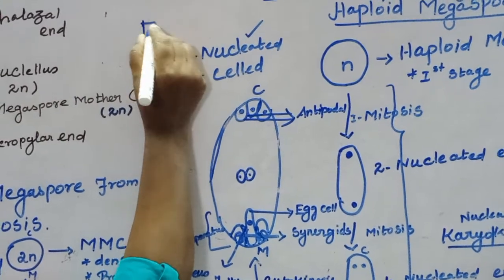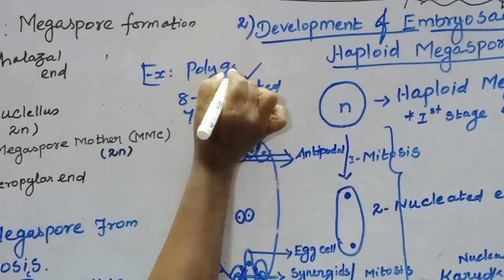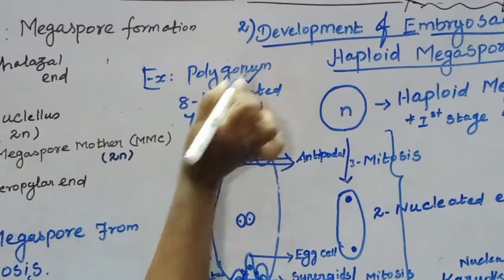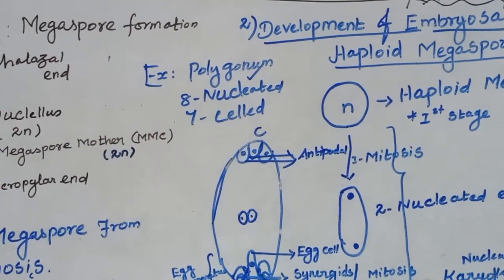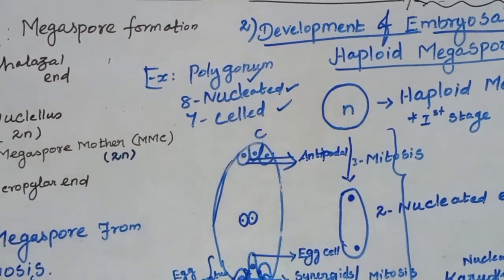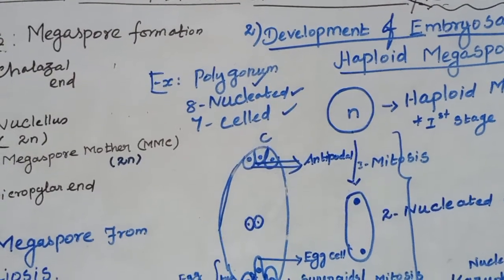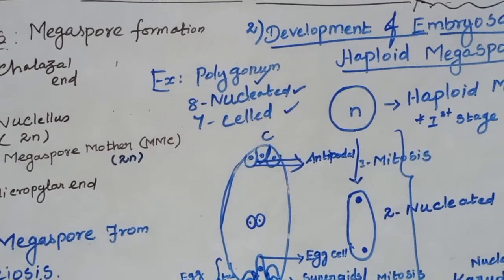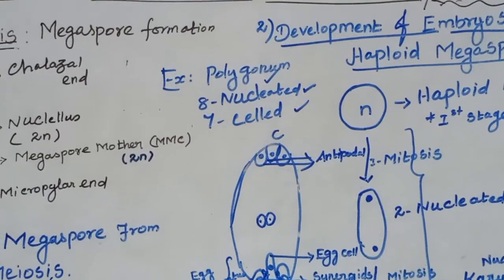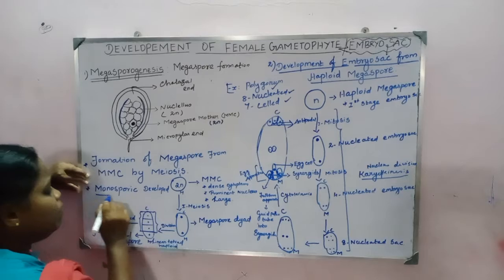Example, Polygonum. See, in Polygonum, the development of the embryo sac is 8-nucleated and 7-celled. And one more thing, this development is called monosporic development. Why is it called monosporic development?